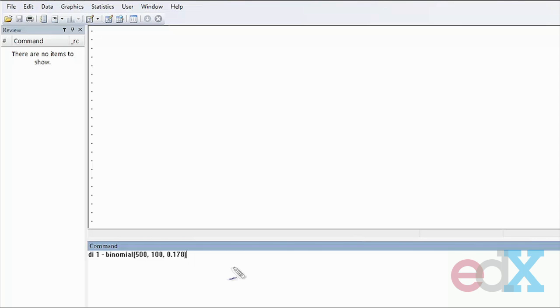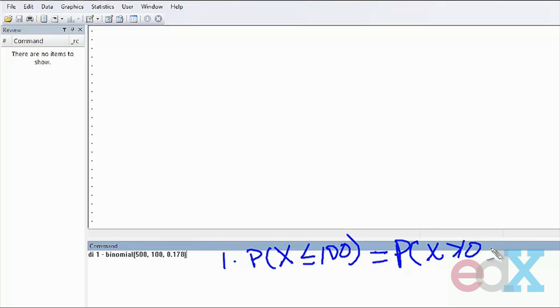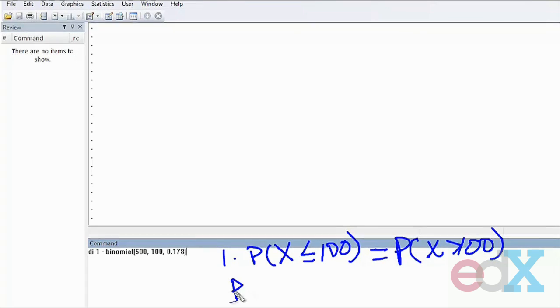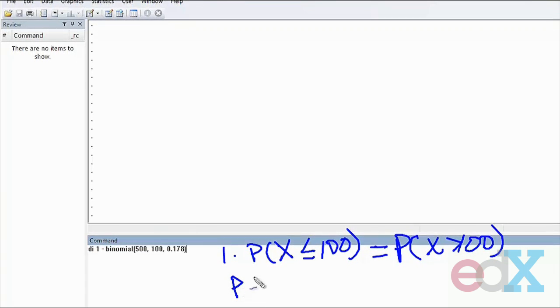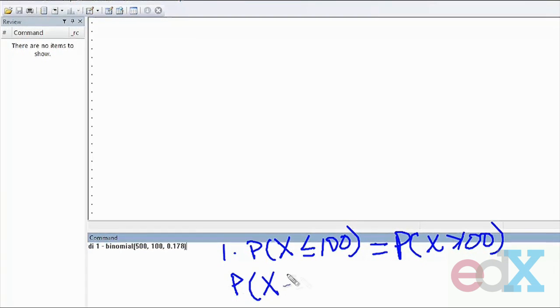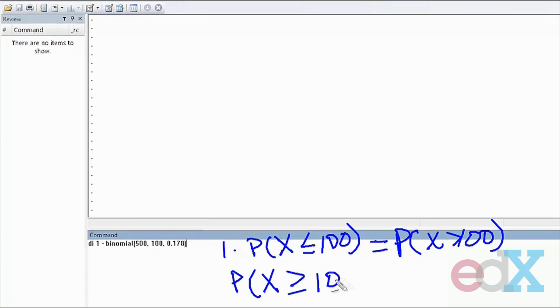Essentially, we're calculating 1 minus the probability that x is less than or equal to 100, and this is equal to the probability that x is greater than 100. On the other hand, we could have done the calculation in Stata using the binomial tail command by simply calculating the probability that x is greater than or equal to 101.